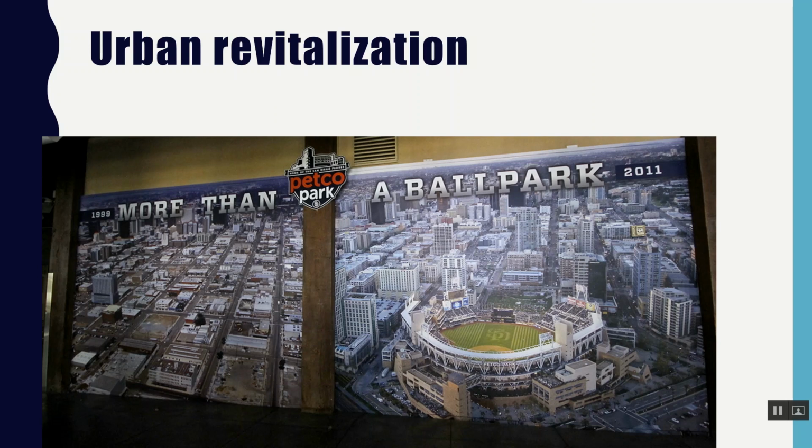We also have movements for urban revitalization, and a great example of this is Petco Park. Downtown San Diego was a lot of short-term residency hotels, which is basically the last step before becoming homeless. And the city put in a ballpark down there.